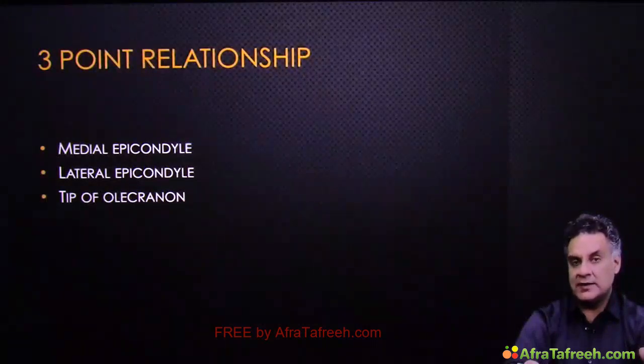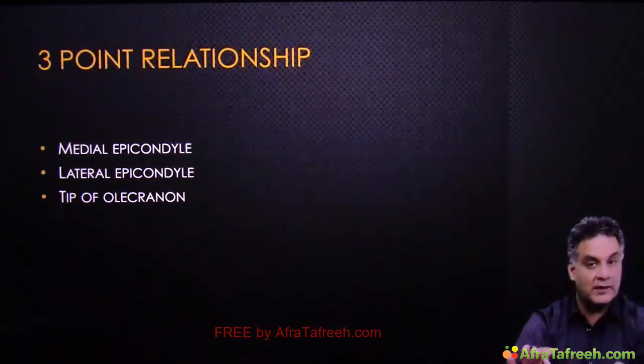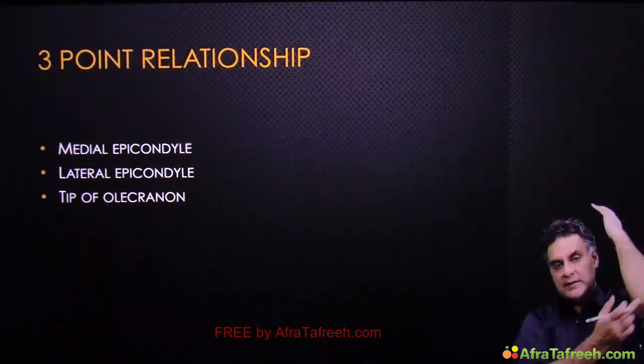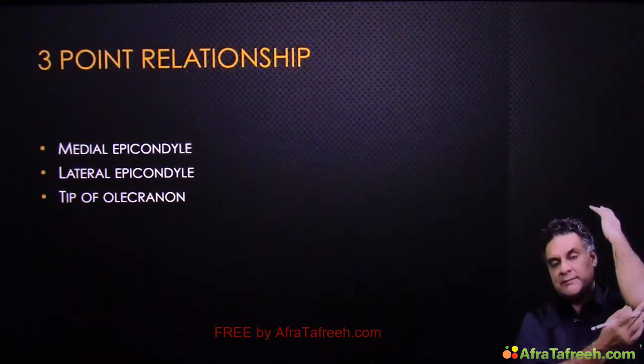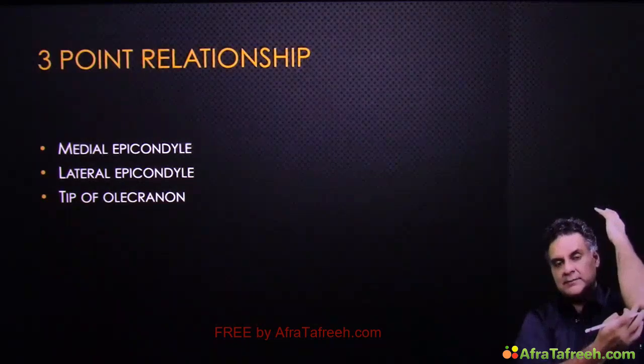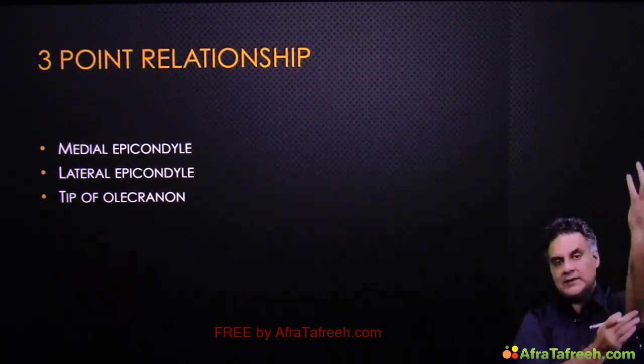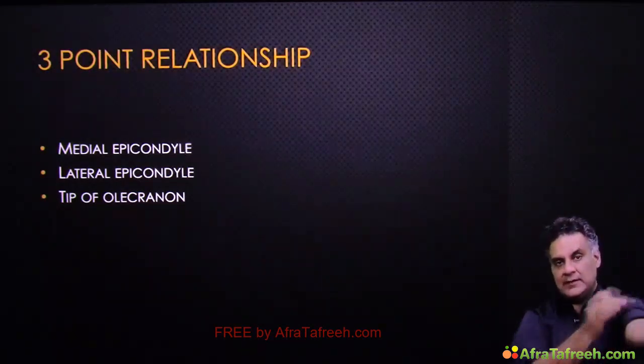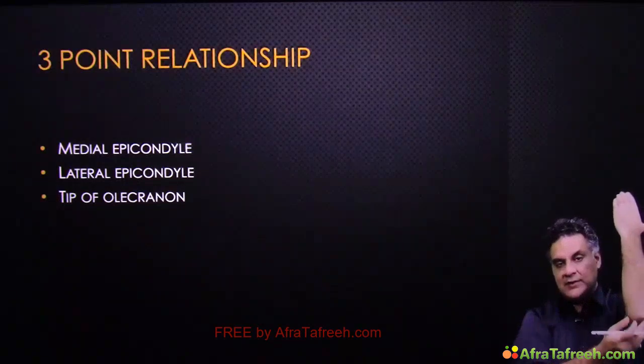3-point relationship around the elbow. The 3 points around the elbow, when you make a 90-degree angle, are the medial epicondyle of humerus, the lateral epicondyle of humerus, tip of olecranon. They make a triangle. When you have an extended elbow, the 3 points are in one line. In 90-degree, they form a triangle.